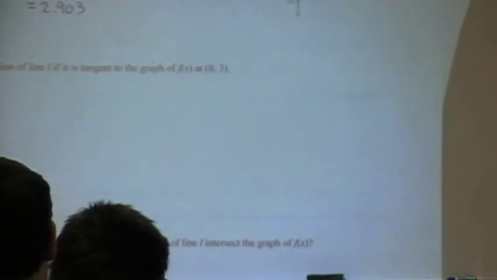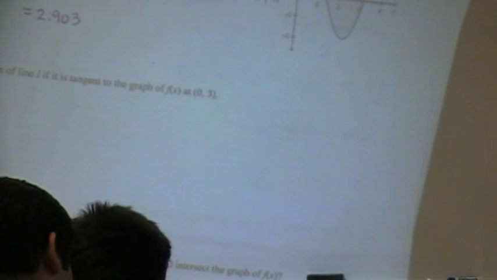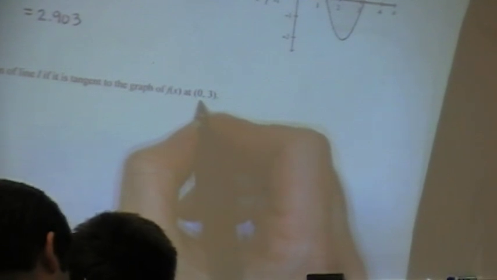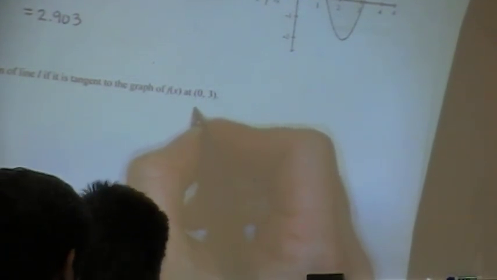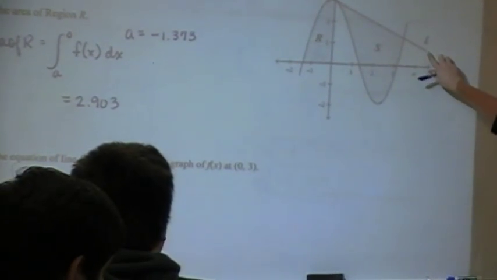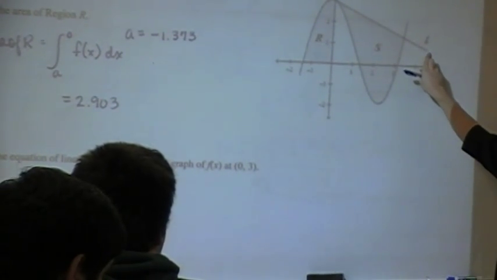2.903. Okay. Alright, so now it says find the equation of the line if it is tangent to the graph at 0, 3. They just gave you a point of tangency, 0, 3. In order to find the equation of this line, you need a slope. I need a slope at that point. What is a slope?